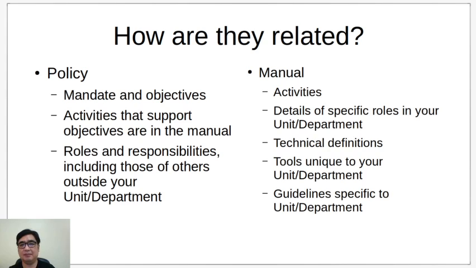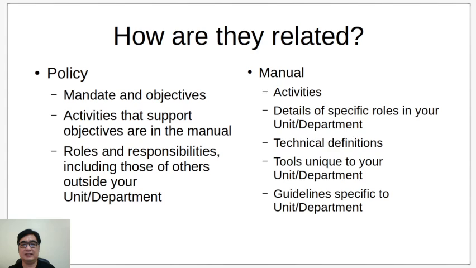But of course, in the policy, you will enumerate those activities in a general form. So for instance, if you're the housekeeping section, then your activities would consist mainly of cleaning activities. And for the internal audit service, you will have audit activities.